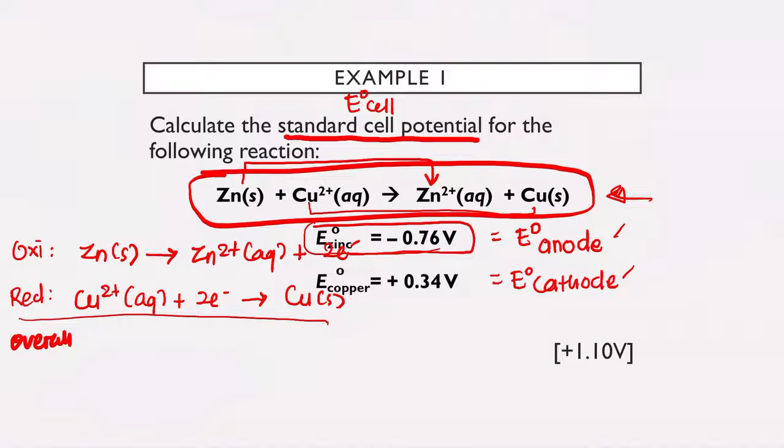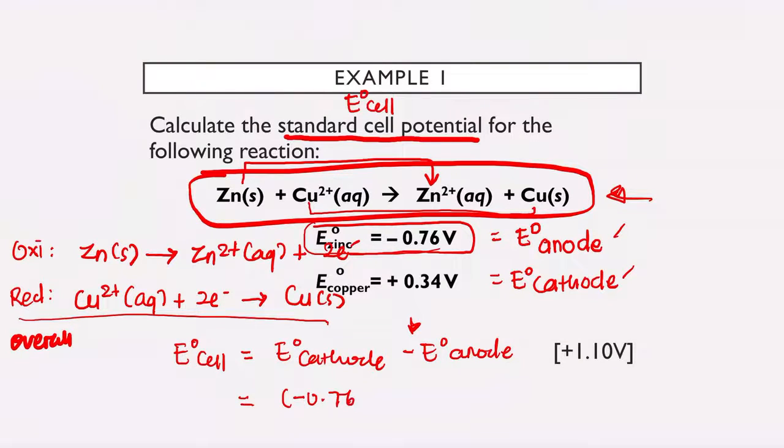You can find the E not cell by using which formula? E not cathode minus E not anode. Alright? Okay, so ingat dia negatif, kalau guna ni. So masukkan je lah. Cathode is minus 0.76 volt. Tolak dengan 0.34 volt.